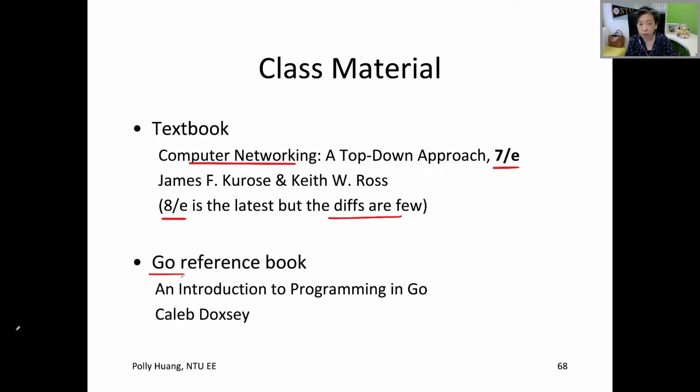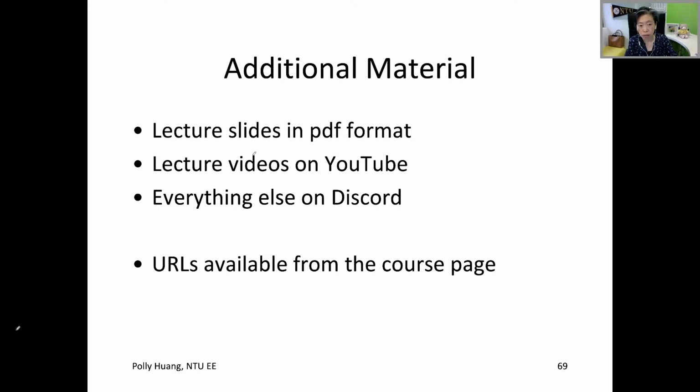For programming assignments, the Golang socket programming, I would advise using this book, which is online and completely open. Additionally, we have the lecture slides as PDF available from the course page, lecture videos on Polly's YouTube channel, and everything else on Discord. And all these have links available from the course page.